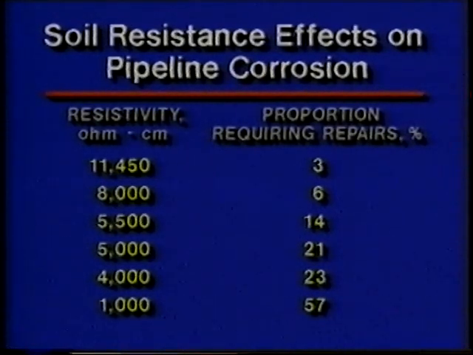On the other end of the scale, if the resistivity is low, if electrical current can be passed very readily through the soil, represented by the 4,000 ohm centimeter and the 1,000 ohm centimeters, then we can see rapid corrosion. This data is taken from Underground Corrosion, NBS Circular 579, by Romanoff's work. And essentially, we can classify corrosivity of soils due to the resistivity.